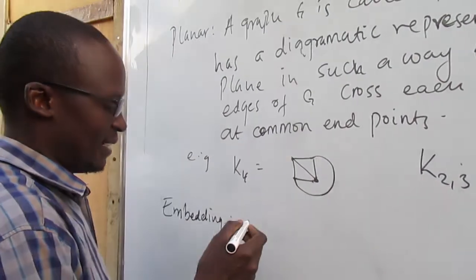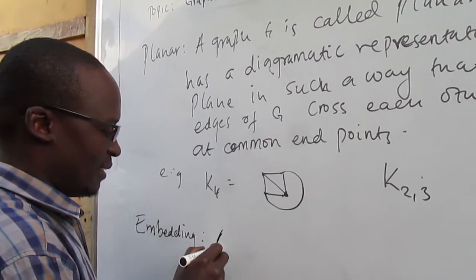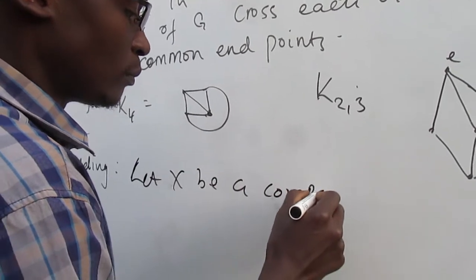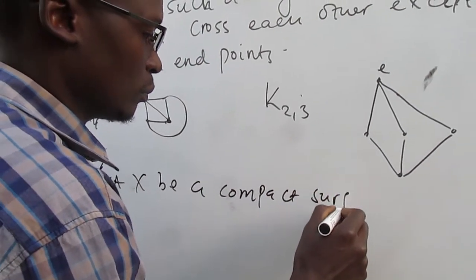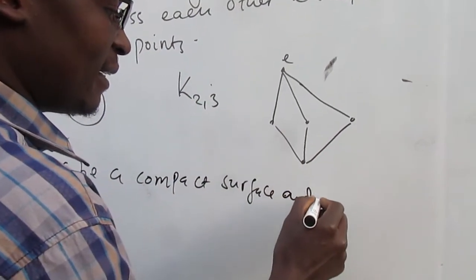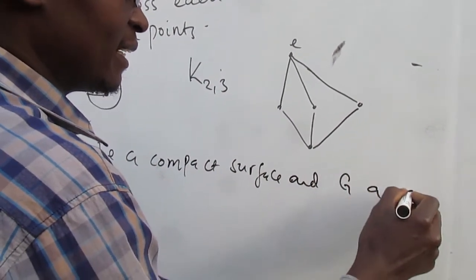So we'll say that, let X be a compact surface and G a graph.